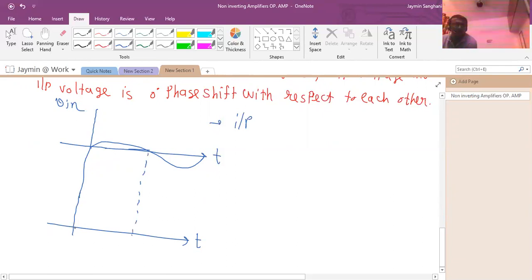And now see, which is known as output voltage.